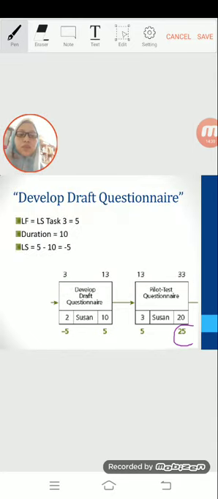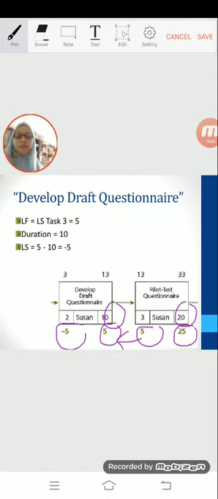Okay, 25 minus 20 equal 5. 5 you bring backward here. 5 minus 10 equal negative 5. So now we get negative number.